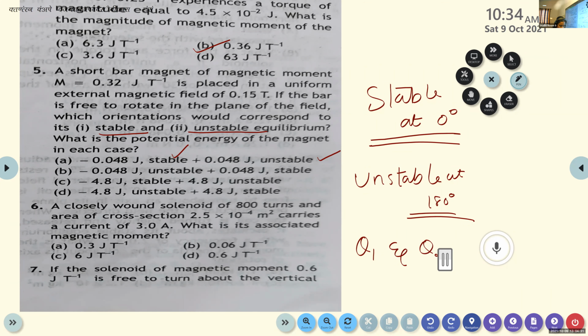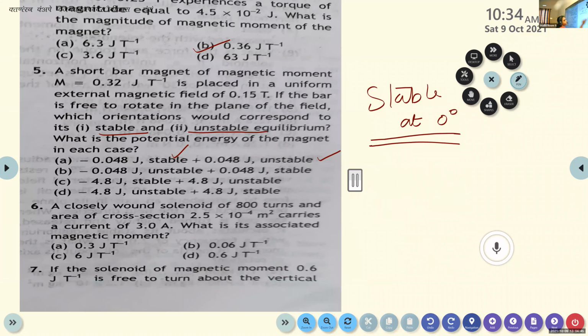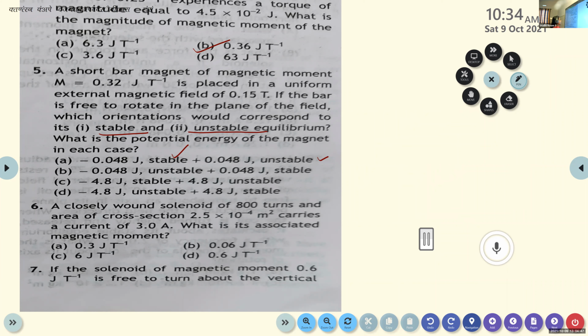Let me check what I am giving in this derivation. I think I will give it is pi by 2 and pi, right? In your notebook, lecture note, it is rotate between pi by 2 and pi. Okay, so please keep in mind the stable state is theta equal to theta 1 equal to 0 degree.